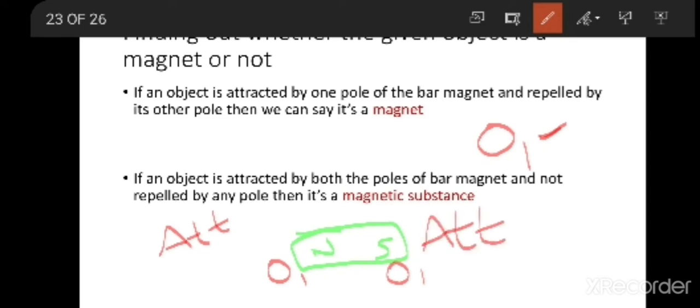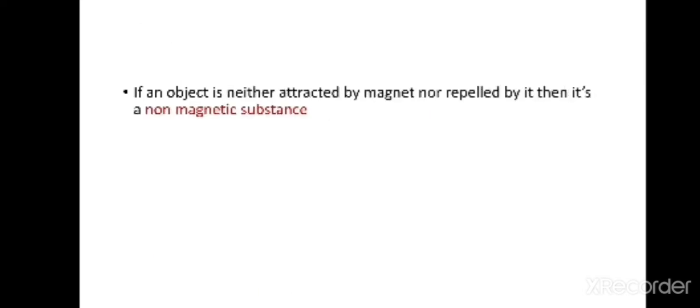If it shows attraction at both poles, then you can say the given object is a magnetic substance. It should not repel on either side. It has to attract. Only then can you say the given substance is a magnetic substance.